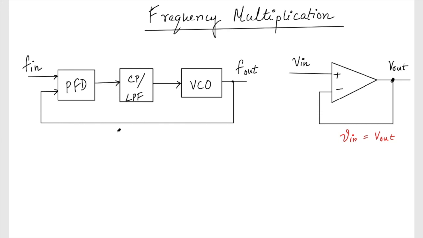And here also, when the phase is locked, F out is equal to F in. So now we want to go for a frequency multiplication.